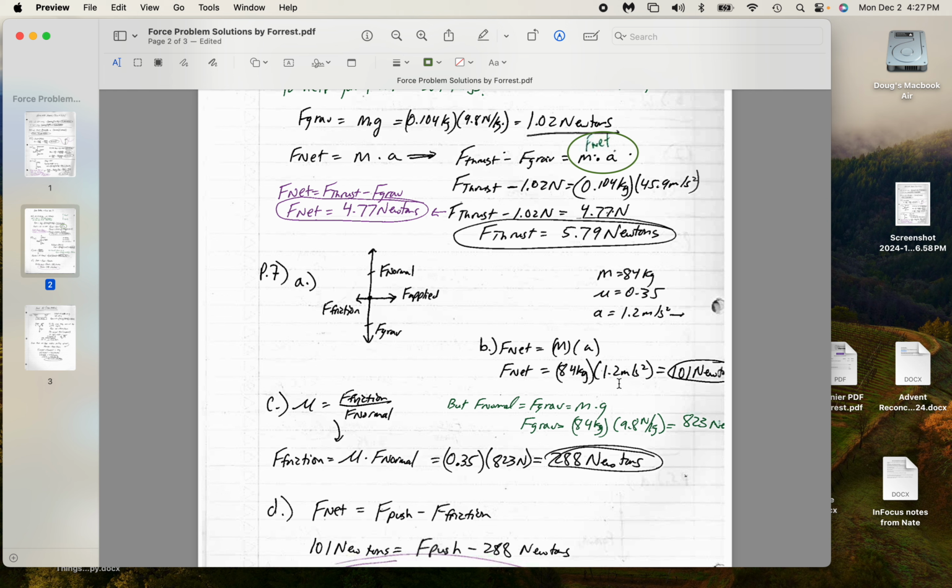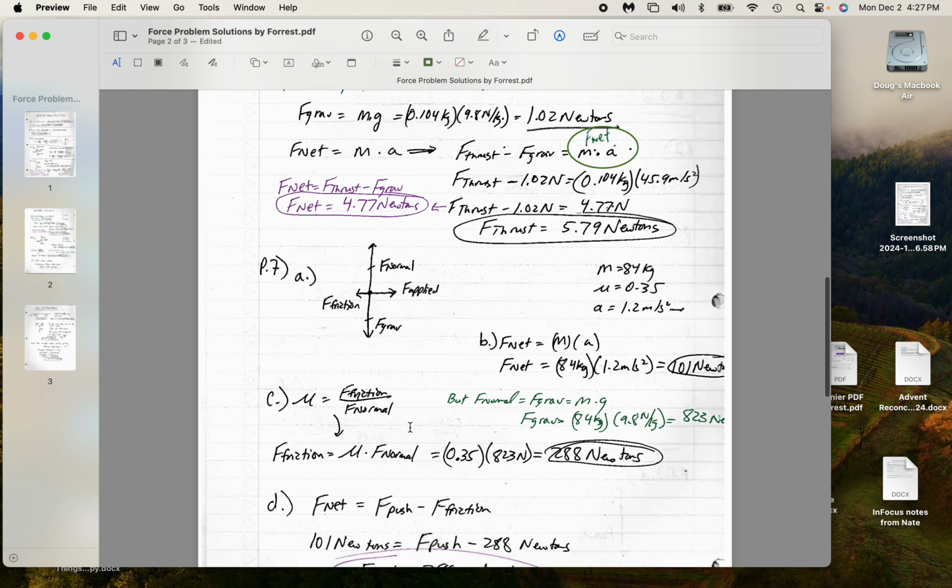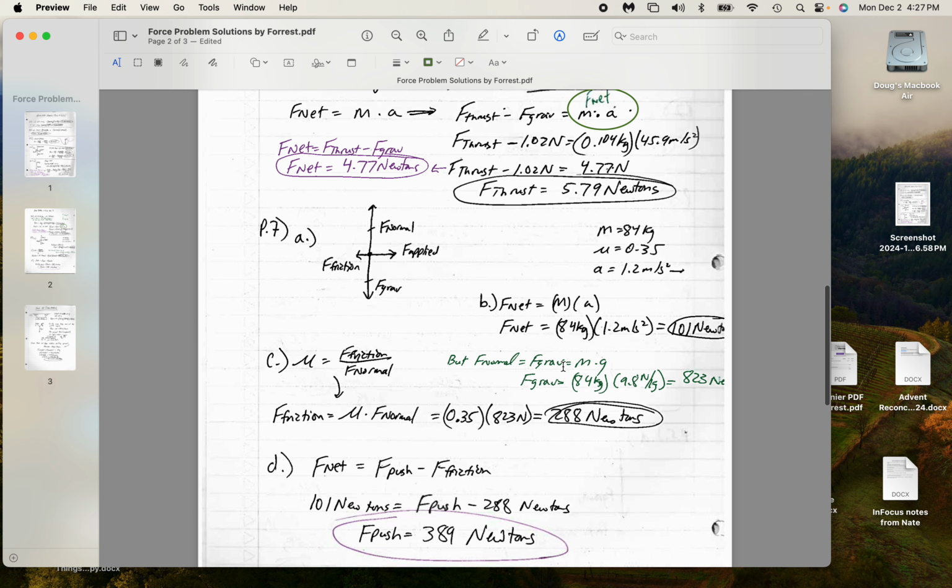So the net force, m times a, is 101 newtons. The coefficient of friction is force of friction over the normal force, but the normal force is equal to the gravitational force, as you can tell, and that's 823 newtons. So therefore, the normal force is also 823 newtons. 0.35 times 823, 288 newtons.